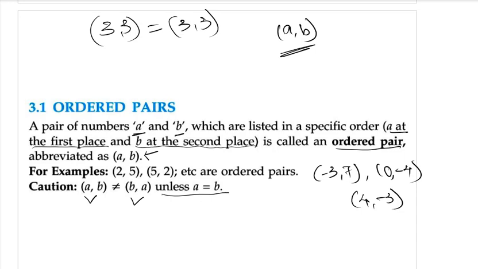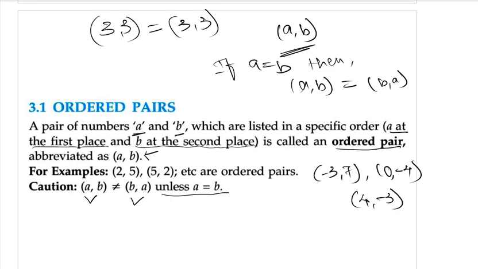But you will never know whether I switched the places of 3 or not, right? Because they both are the same. So if both the elements are the same, if a is equal to b, then we can say that (a, b) is equal to (b, a). If a is not equal to b, then we cannot say that.